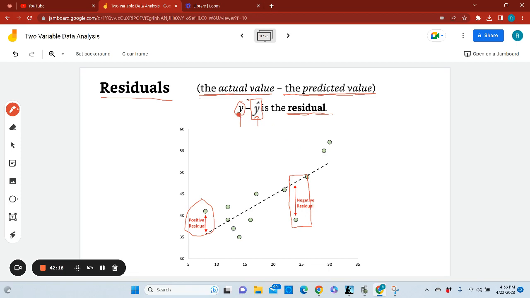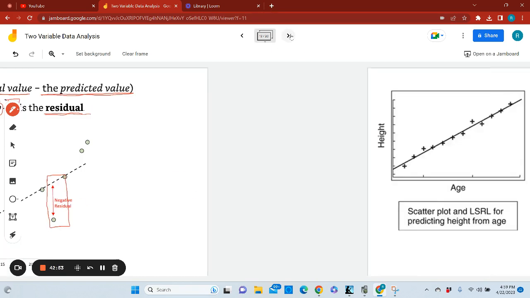The actual data point minus what I predicted is going to give me a negative number, because my regression line predicted the Y value over here was going to be much higher than what it actually came in as, okay? So the actual value minus the predicted value gives you a residual. If a dot falls below the line, you're going to get a negative residual because the actual value is lower than the prediction. If your dot falls above the line, you're going to get a positive residual because the actual value is greater than the predicted value.